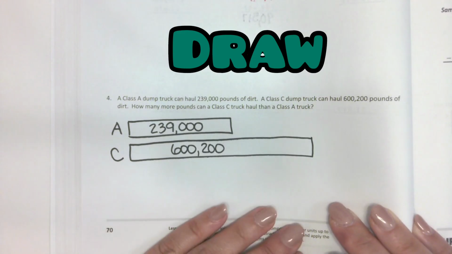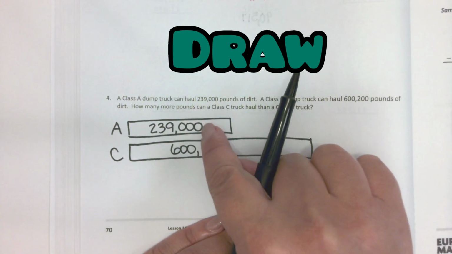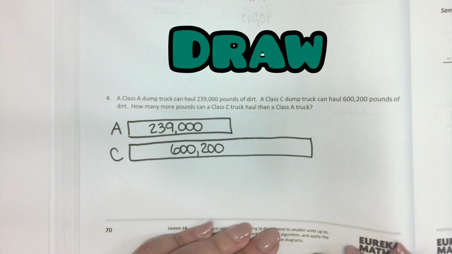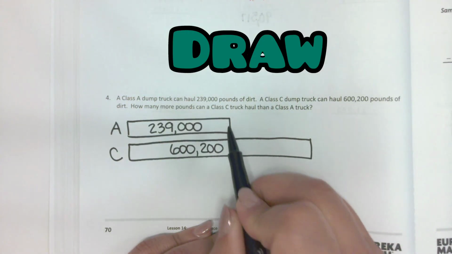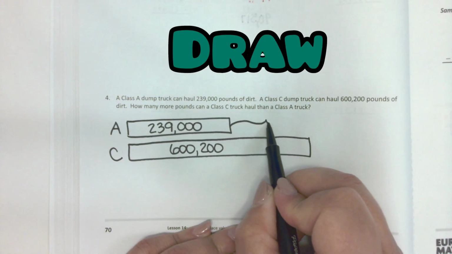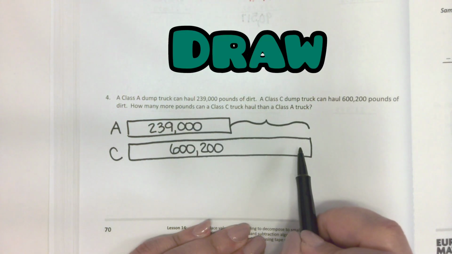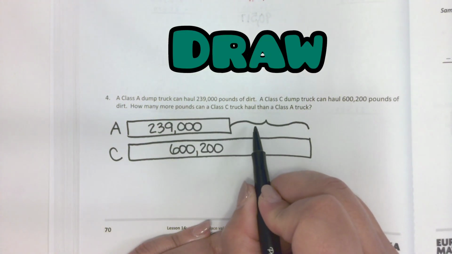Now we need to find out how many more pounds this one is than this one. When we have a how many more problem, we could show it with this blank space right here. We're trying to find out this distance. This is the difference between the longer one and the shorter one.